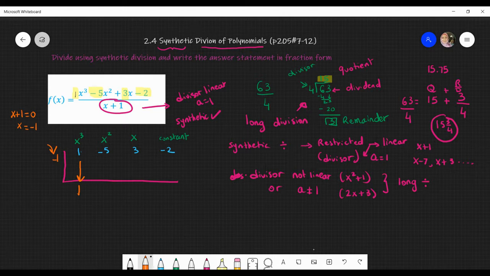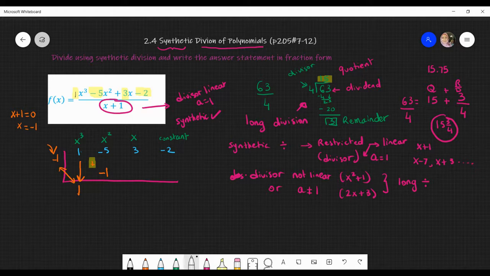Now you proceed. You multiply -1 and 1, and the answer you put in the next space. Then you add those two coefficients. You don't subtract, you add. This is a very common misconception because we just saw that in long division, but we're not doing long division.